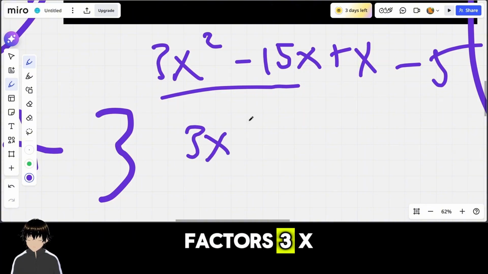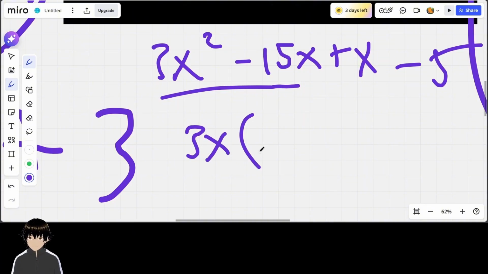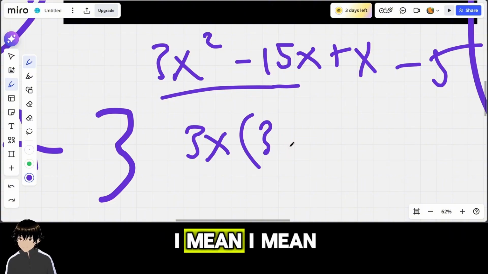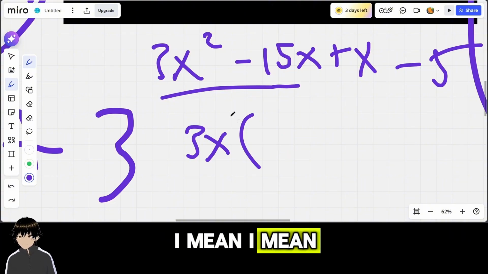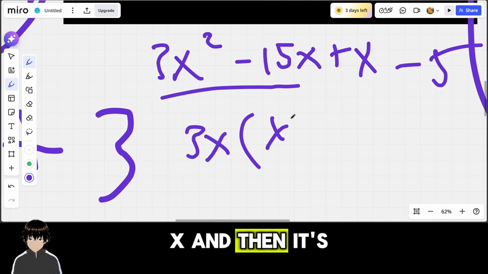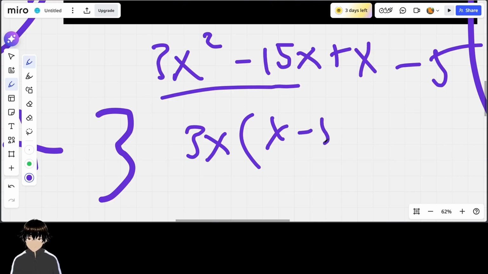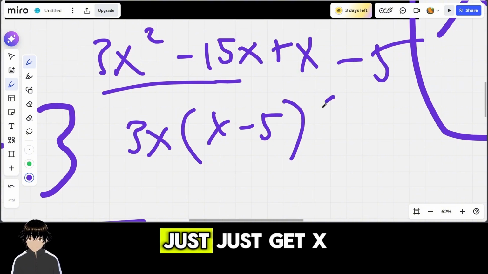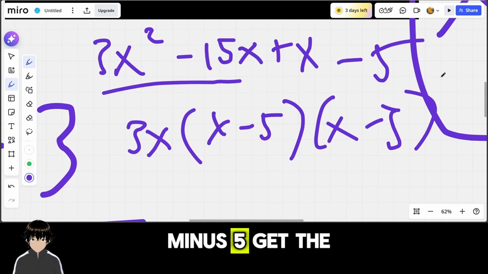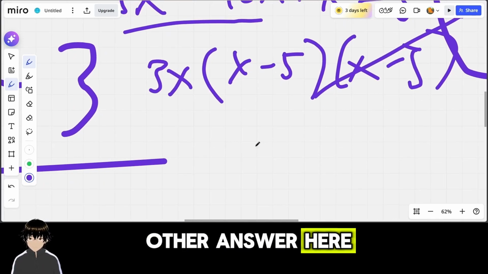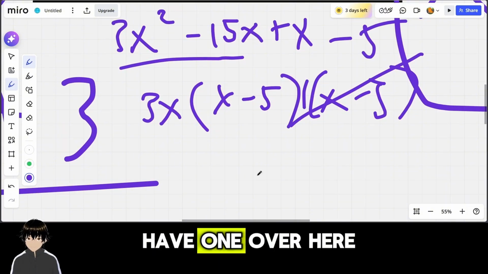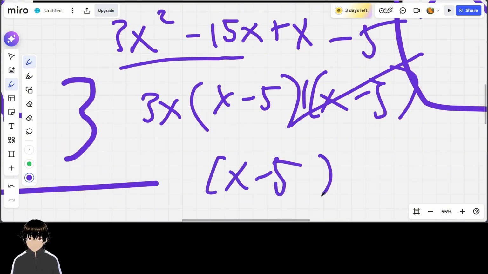So the greatest common factor is 3x. 3x squared divided by 3x is x, and then it's going to be negative 5. And we get x minus 5.